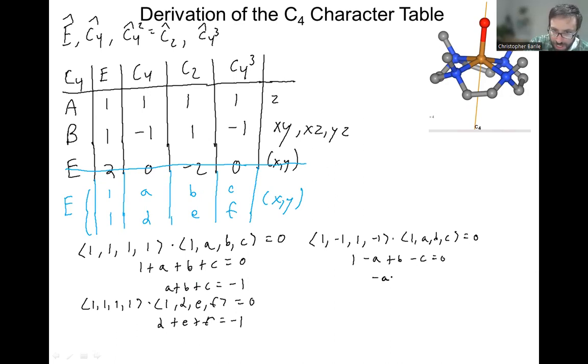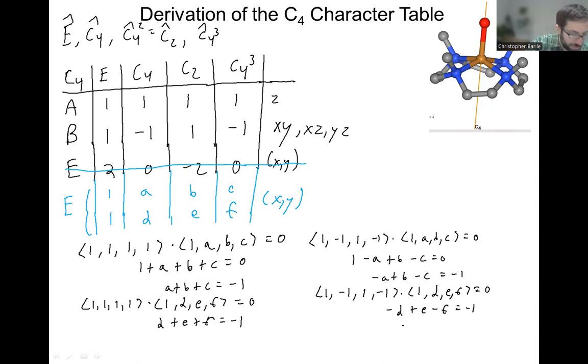So that's going to get me that -A plus B minus C is equal to -1. And the exact same relationship we can write, again, the 1, D, E, F vector has to be orthogonal, equals 0. And so by the same logic, we can write a very analogous equation: -D plus E minus F equals -1.